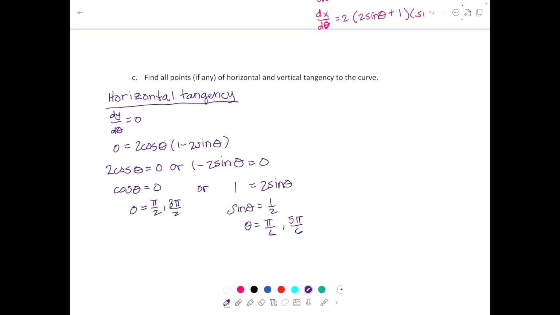So there's horizontal tangents at, let's start with the pi over 6's. So we know 1, pi over 6 since we were talking about them. We also have 3, 5 pi over 6.